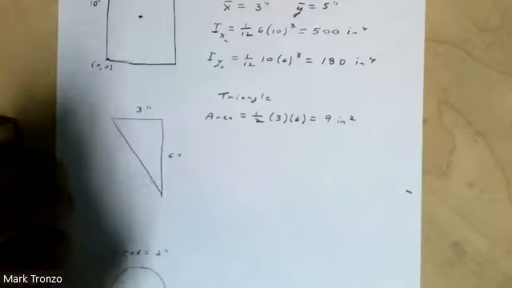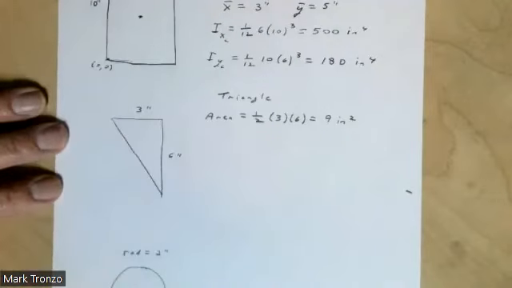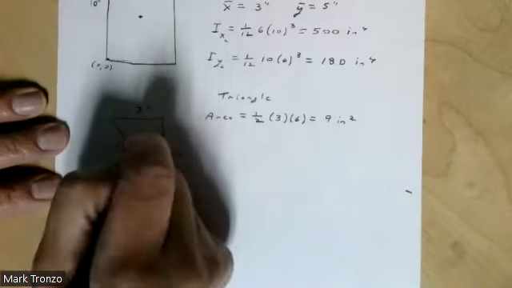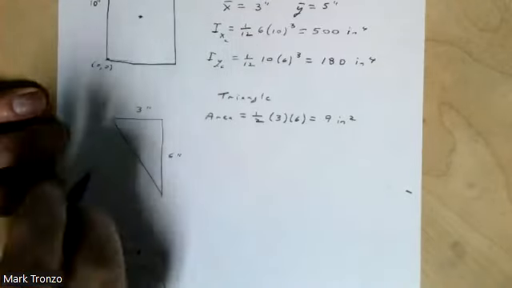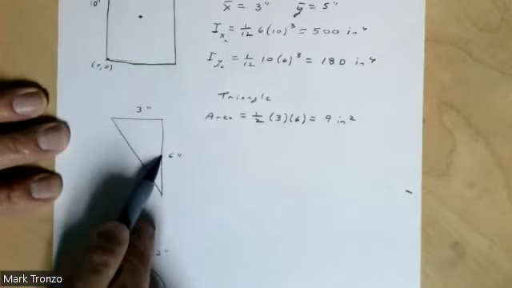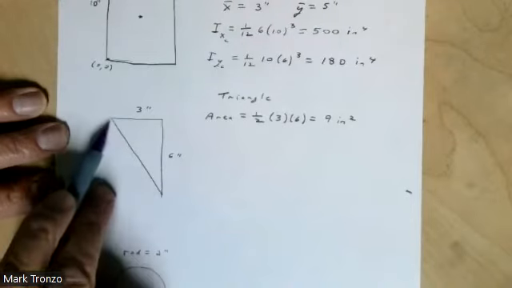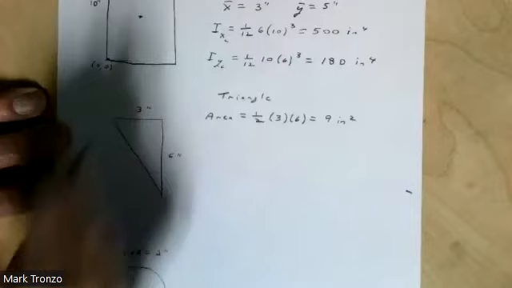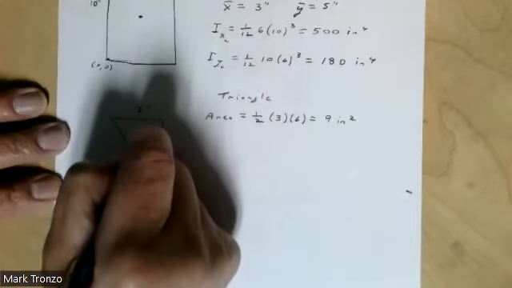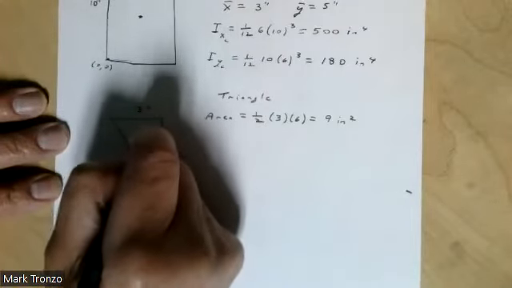Now for the X bar, we have to get an idea of where we're at. The X bar is going to be 1/3 from the long side, or 2/3 from the point, so right here.